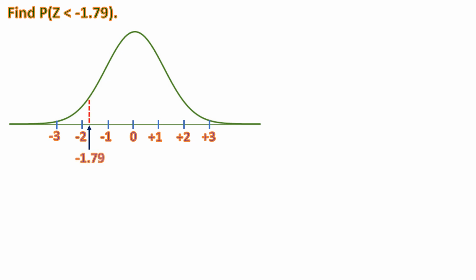It's here. And then it says less than negative 1.79, so we're going to shade the left side. So let us put now the line for the middle, and we're going to find this because we need this to find the shaded part.